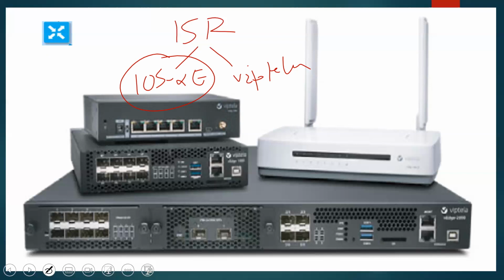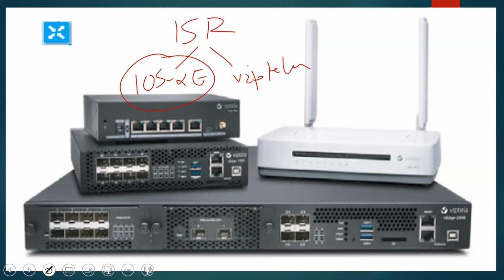So Cisco has acquired Viptela company, and then they start telling their customers that since you are using our ISR routers or ASR routers, if you migrate to SD-WAN, you don't need to purchase new hardware.